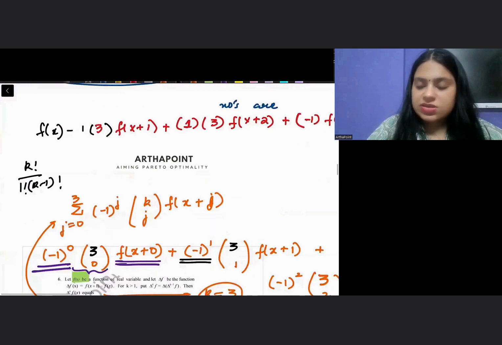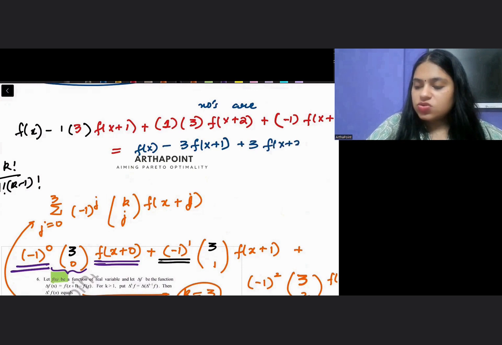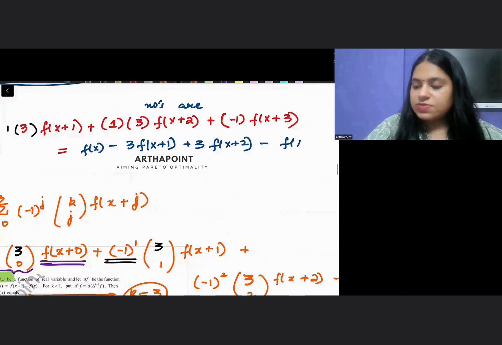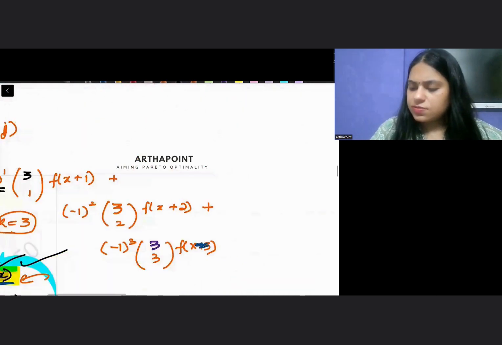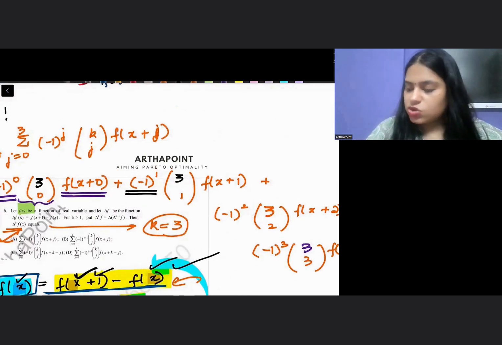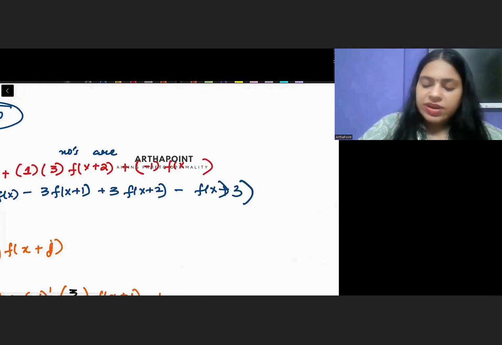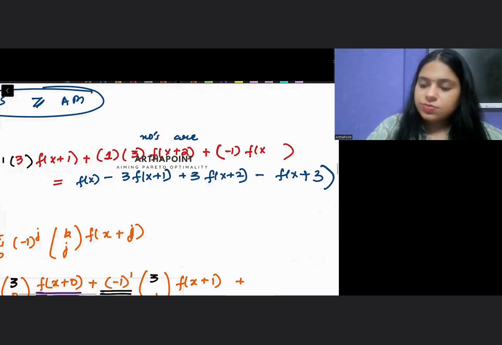This is going to give me finally the answer as f of x minus 3 f of x plus 1 plus 3 f of x plus 2 minus f of x plus 3. This was just f of x at first. Oh, it was f of x plus 3 only, sorry.